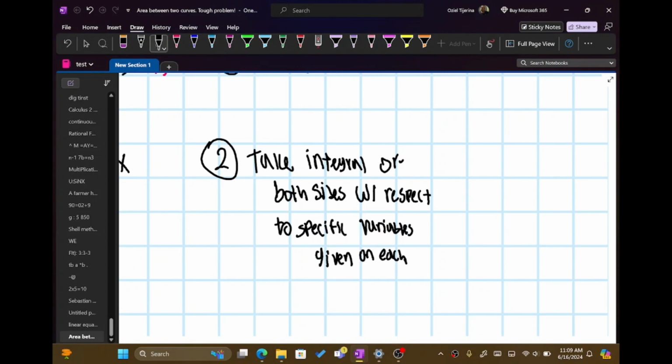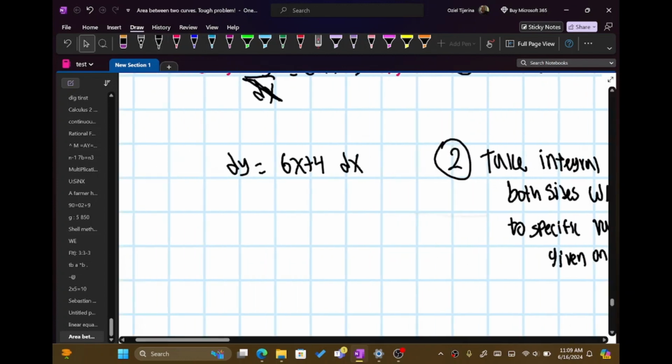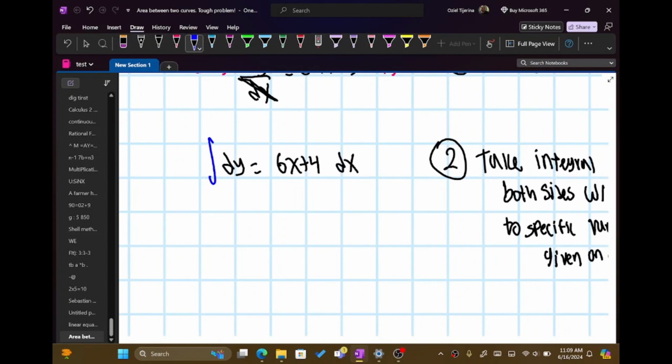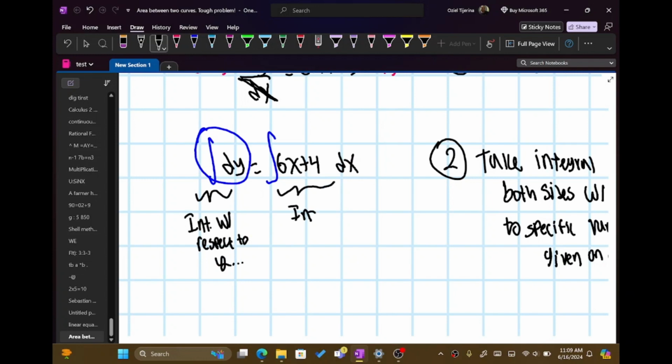What I mean by this, guys, is we're going to take the integral of this with respect to y, as well as take the integral of this with respect to x. So this is the integral with respect to y, and this is the integral with respect to x.